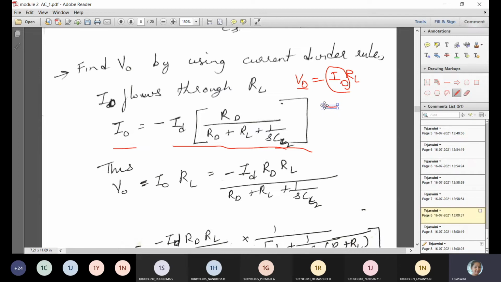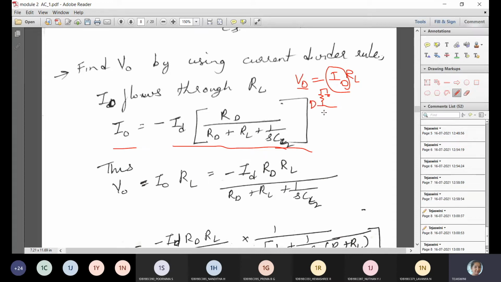So if you apply the current divider rule, you have a drain terminal here, and for the drain terminal you have an RD here, RD to ground. I hope you remember, recalling the circuit.